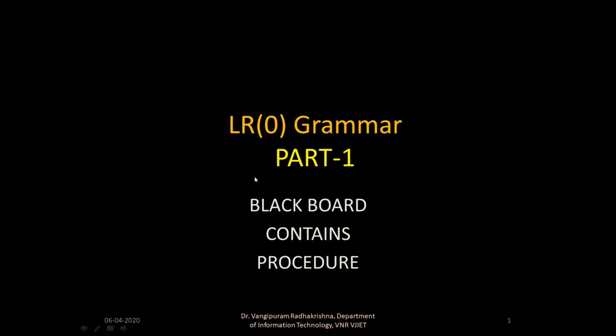Now that we have understood the minimum condition for a given grammar to be LR0, we'll look into the first approach which can be applied to prove that a grammar is not LR0. Remember that this approach cannot be used to prove that a given grammar is LR0, but it can only be used to prove that a given grammar is not LR0.